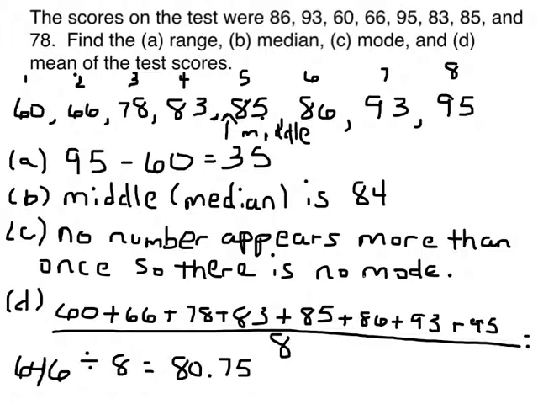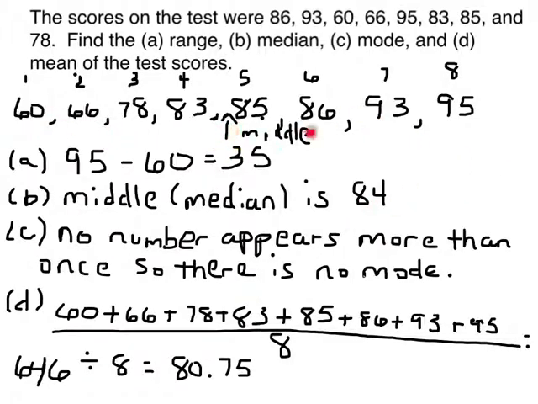All right, looking for the middle. Now this is one of those cases where there are 8 numbers. So the middle would be between numbers 4 and 5. What is in between 83 and 85 is 84. So the median is 84.